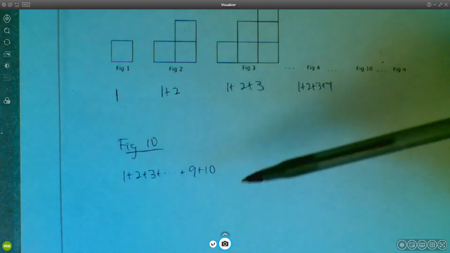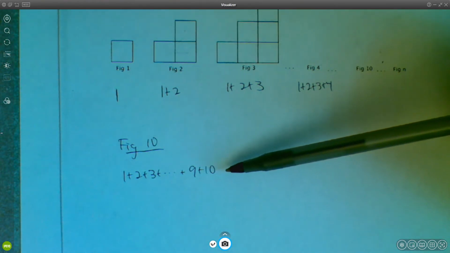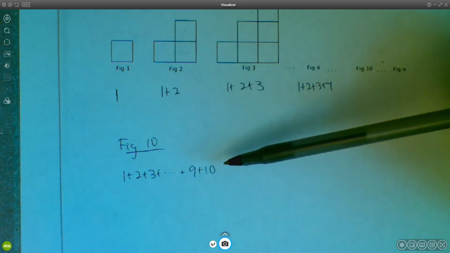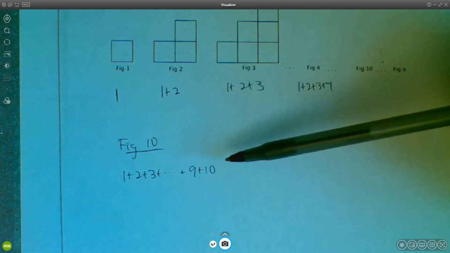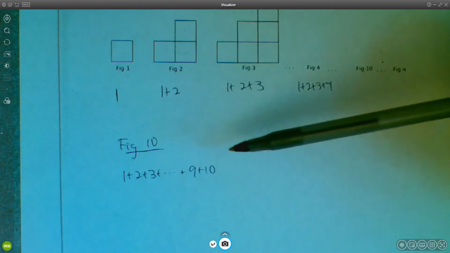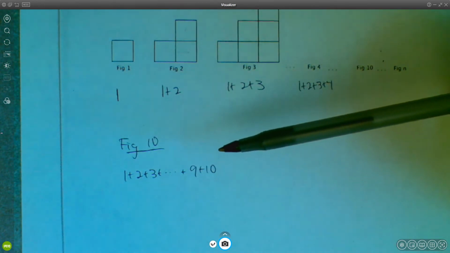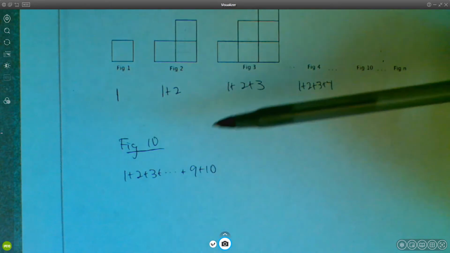Now, this is correct. It's not wrong. It's just that it's not very useful, right? Because we would like a formula like the ones that we've been coming up with, where we can just plug in the number and get the answer pretty quickly. If you're doing 1 plus 2 plus 3 plus all the way up to 10, that's a calculation that's going to take you a long time to figure out.